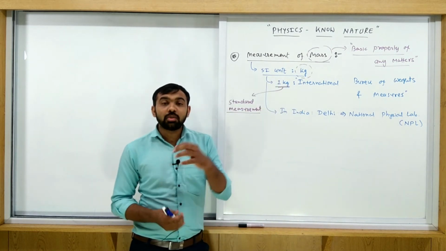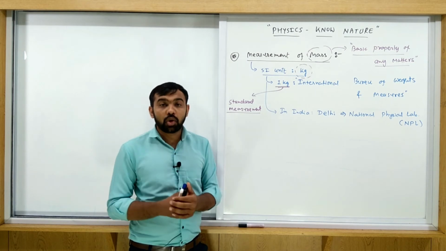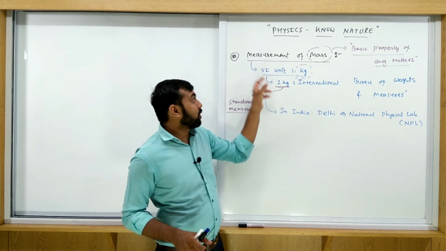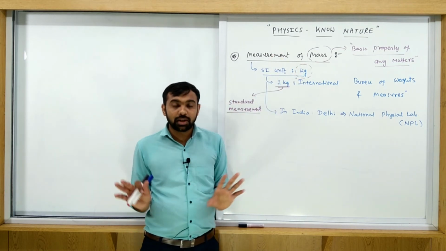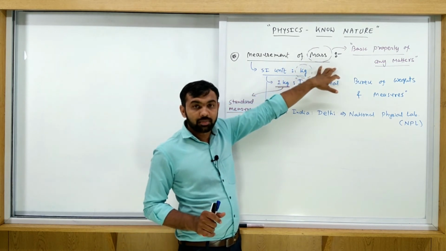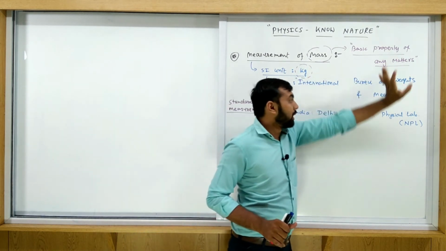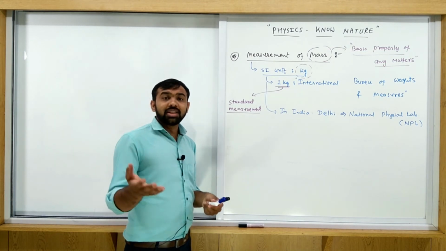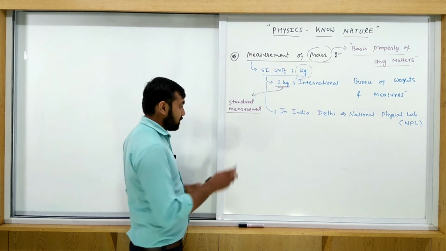Mass does not depend on other properties like temperature, pressure, and space. So mass is constant everywhere. It is an individual property of any matter. Now how do we measure mass? Simple: by using a weight balance machine.